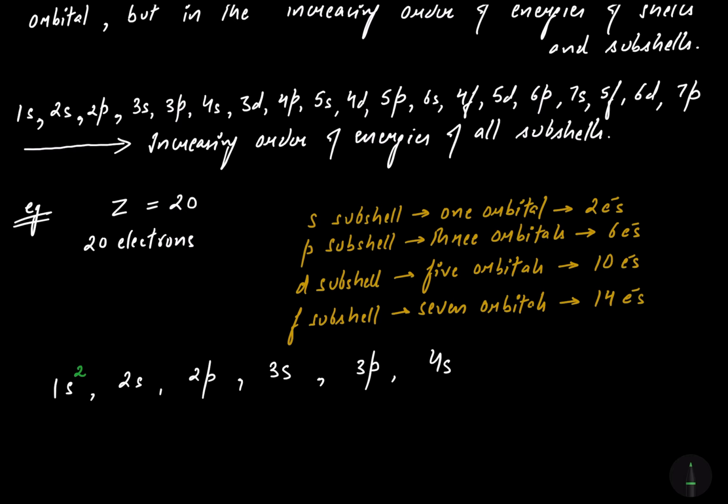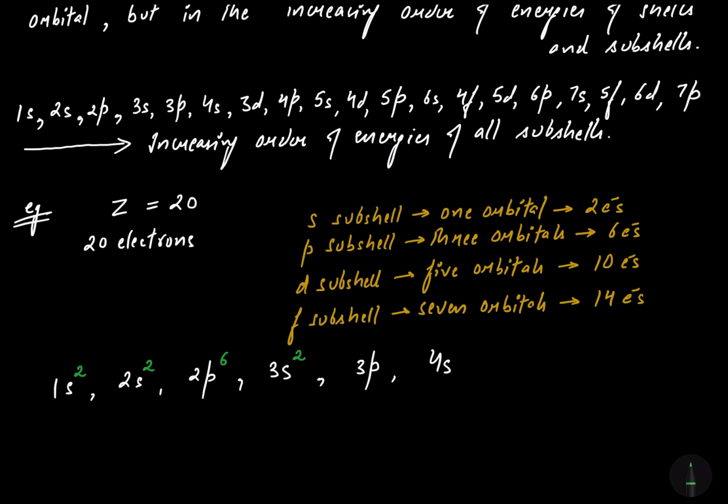Now the turn is of 2s subshell. Again s subshell will accommodate 2 electrons, so 2 over here. So we are left with 16 electrons. Now energy wise the turn is of 2p. Now p subshell accommodates a maximum of 6 electrons. So we got 10 electrons completed, then 10 electrons are left. Now we will fill the 3s. Again s subshell will have 2 electrons.